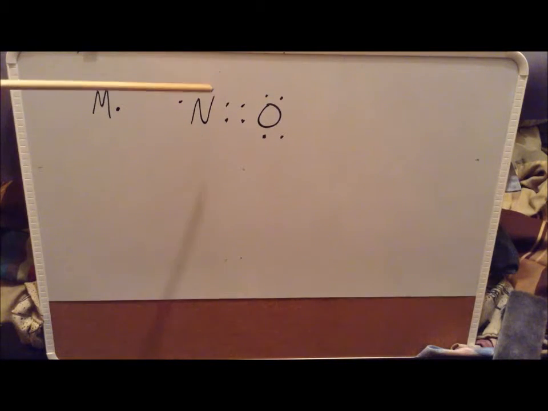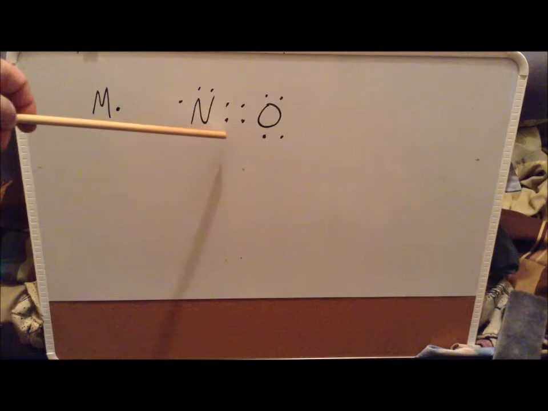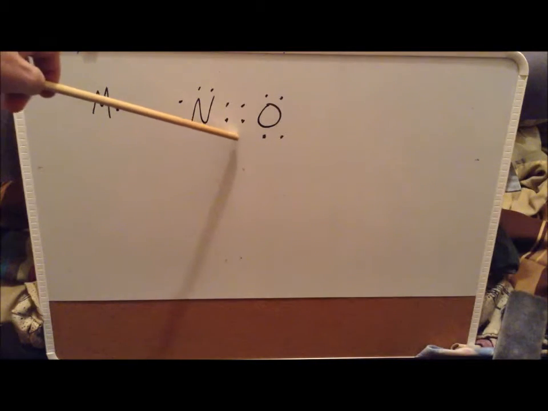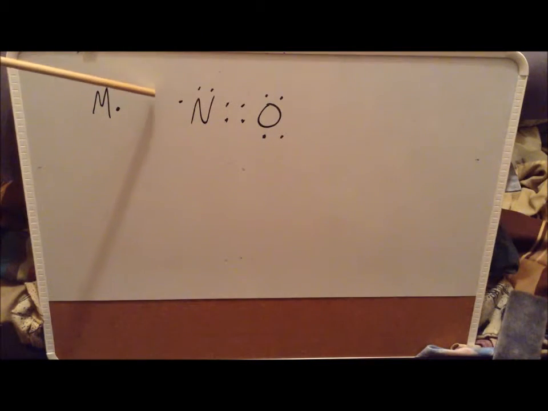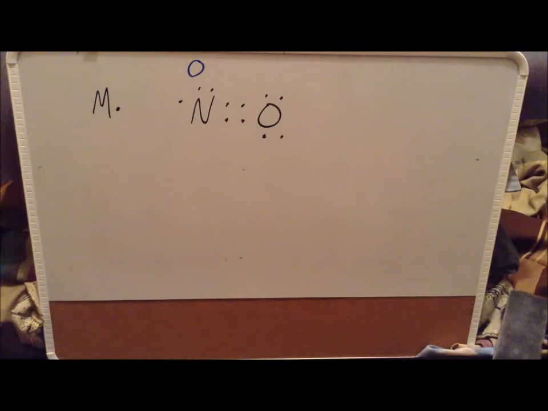It has 3 lone pair electrons, 1, 2, 3, and 4 bonding electrons. So to calculate the formal charge, 5 minus 3 minus 1/2 of 4, which is 2, gives us 5 minus 3 minus 2 gives 0. So therefore the total formal charge on the nitrogen is 0 in nitric oxide.